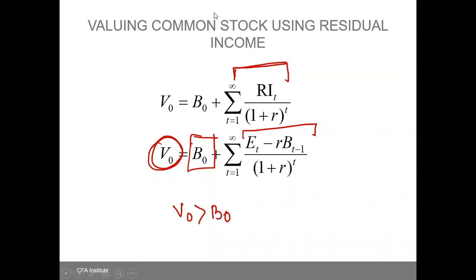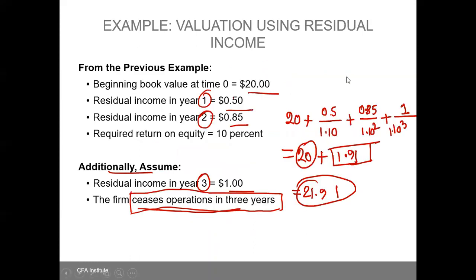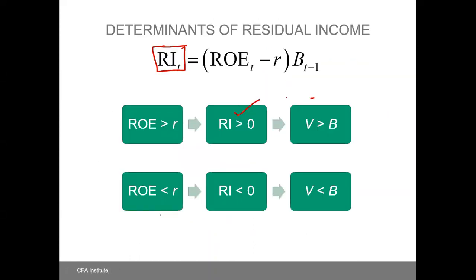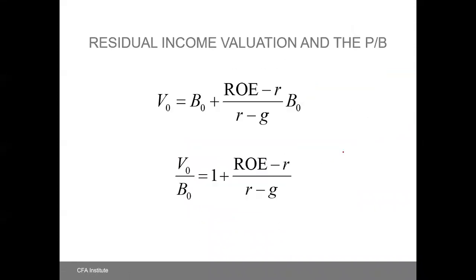Because something positive is added for positive residual income. This has been enumerated here: for positive residual income, you have a higher value over the book value of equity, and vice versa.